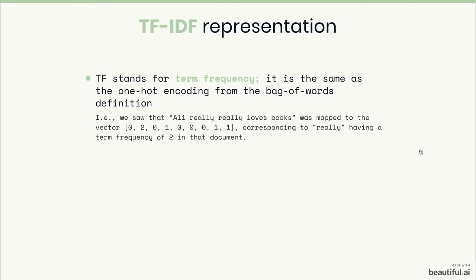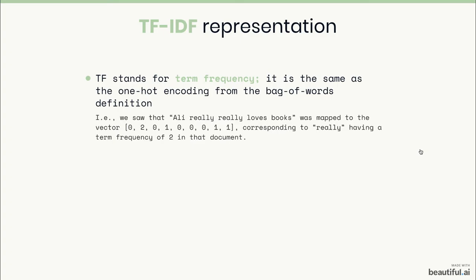So moving on to the second classical representation in this part, the TF-IDF representation. It's very similar to bag of words. You can think of it as an extension of bag of words.